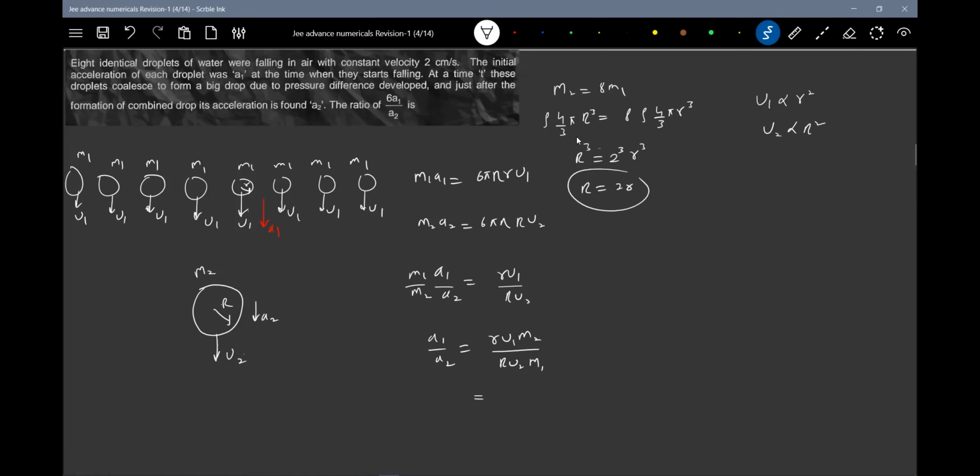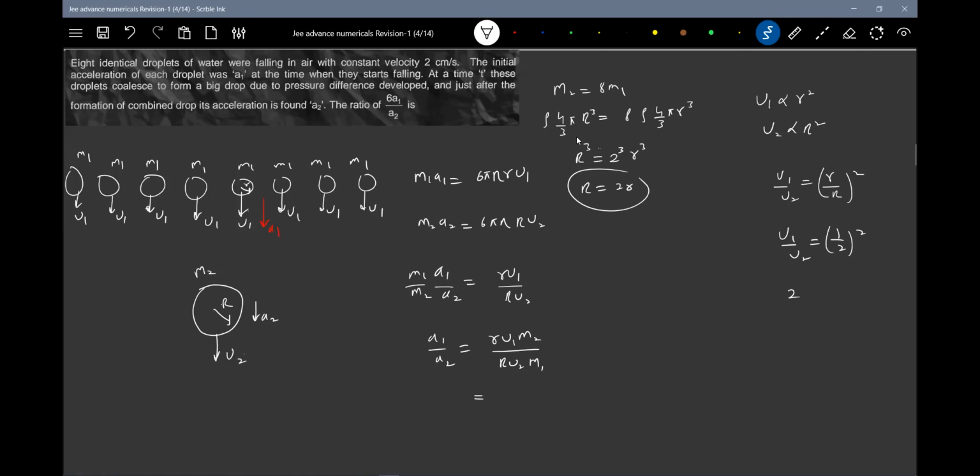So therefore U1 by U2 should be equal to r by R whole square, small r by capital R, 1 by 2 whole square.